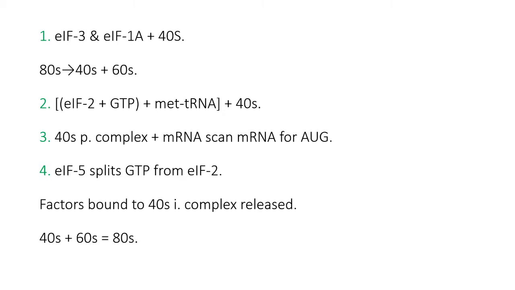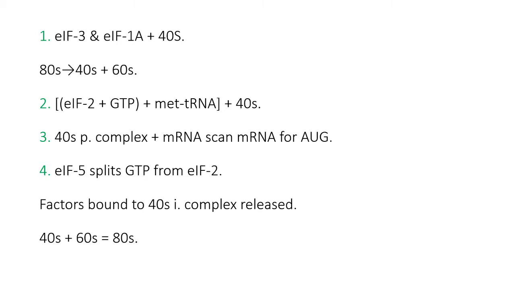Overexpression of eIF4E causes malignancy and underexpression leads to a prolonged cell cycle. Insulin activates eIF4E, so there is more protein synthesis in muscle and adipose tissue.